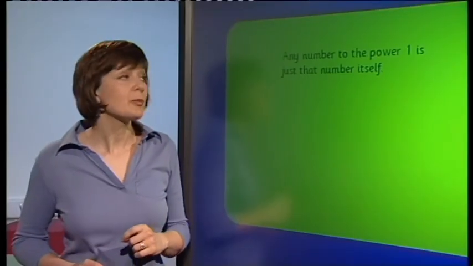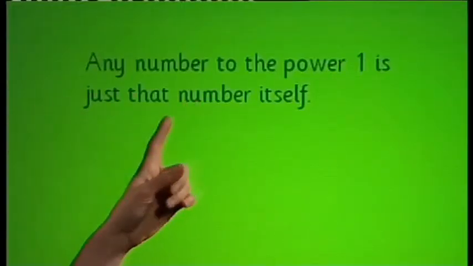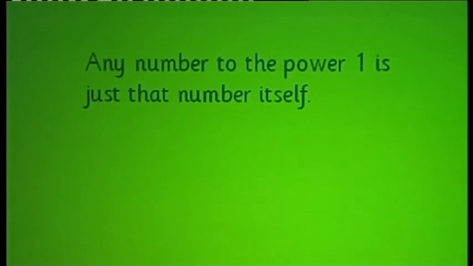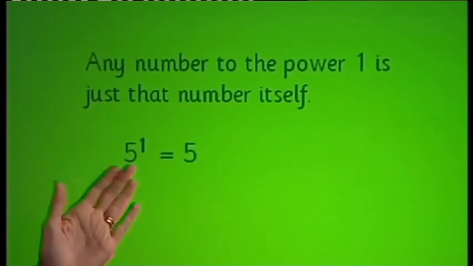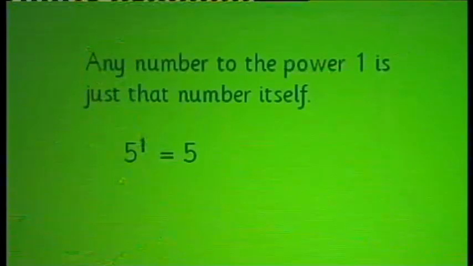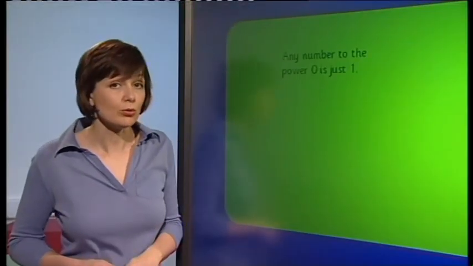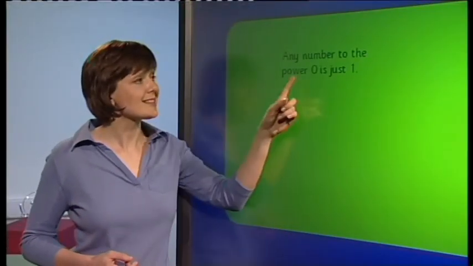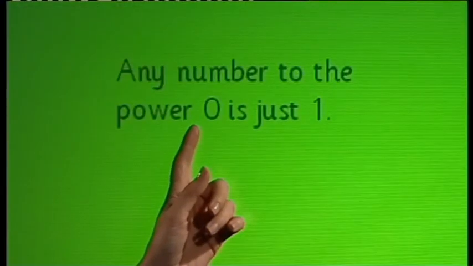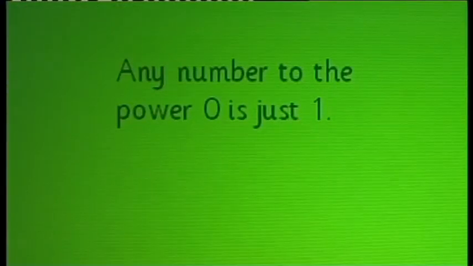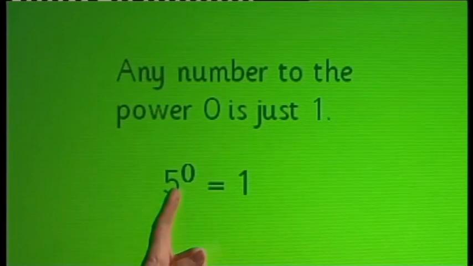Any number to the power 1 is just that number itself. So 5 to the power 1 is 5. And any number at all to the power or index 0 is always just 1. So 5 to the power 0 is 1.